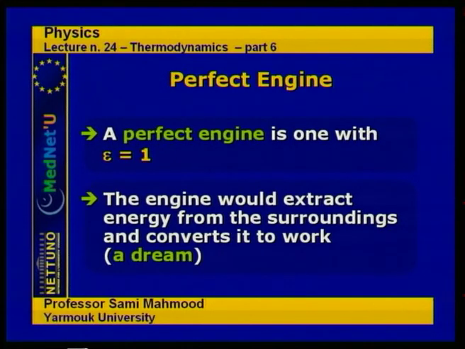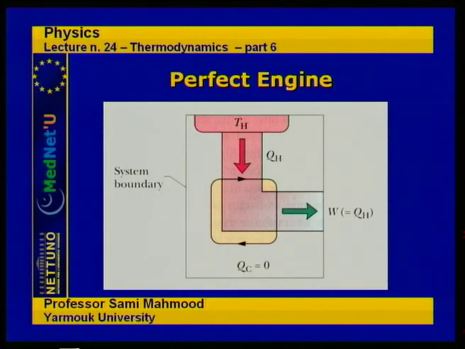That engine would simply extract heat from the reservoir it is in contact with, a reservoir at T sub H. It would extract an amount of heat Q sub H and convert it completely into useful work without any loss of heat in the meantime. That means Q sub C is equal to 0.